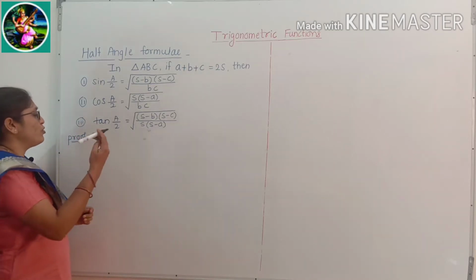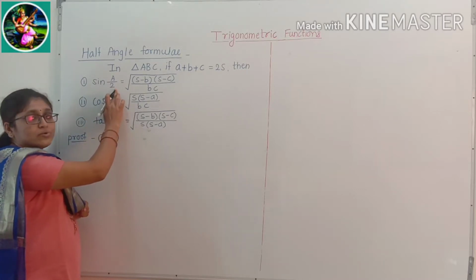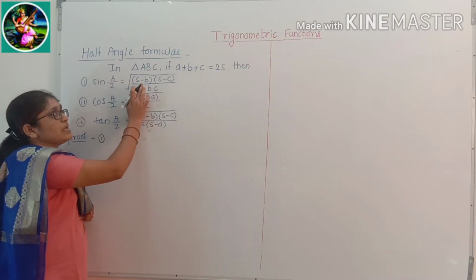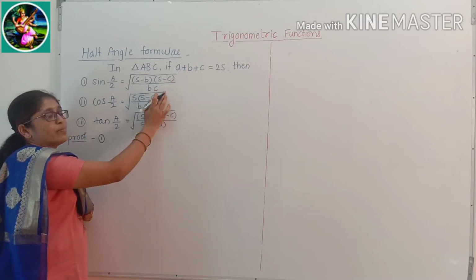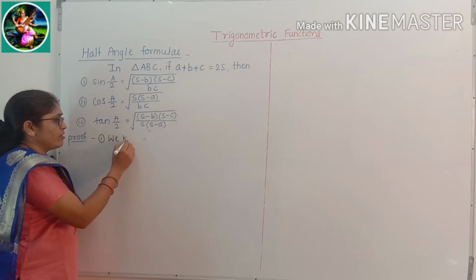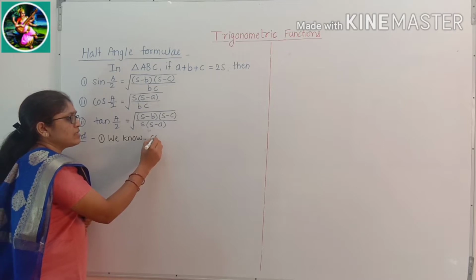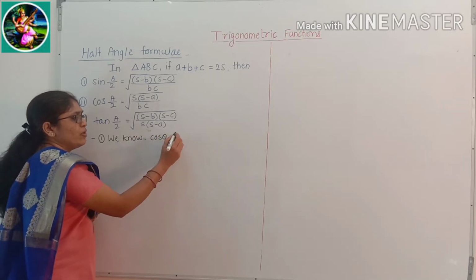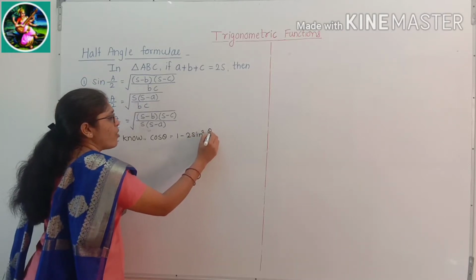The first proof we are going to solve is sine of A upon 2 is equal to square root of (s minus b)(s minus c) divided by bc. We know the submultiple angle formula, that cos theta is equal to 1 minus 2 sine square theta upon 2.